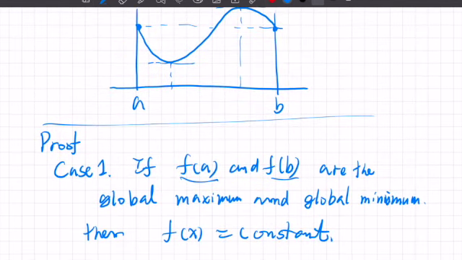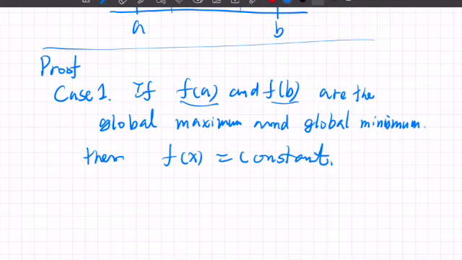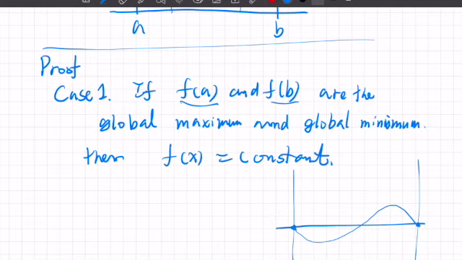If it's not constant, then there is a contradiction. Let's say this is a, this is b, and they have the same value. If it's not constant, then there should be something deviating from this straight line, right? So there is a value that is lower than f of a or f of b, or greater than f of a or f of b.